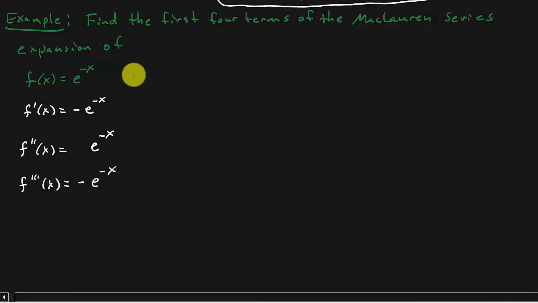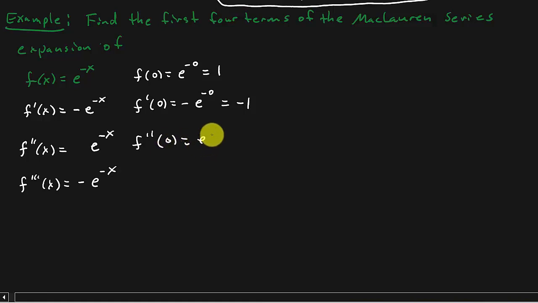All right, so now f of 0 is equal to e to the negative 0, which is 1. F prime of 0 is negative e to the negative 0, which is negative 1. F double prime of 0 is e to the negative 0, which is 1. And f triple prime of 0 is negative e to the negative 0, which is negative 1.